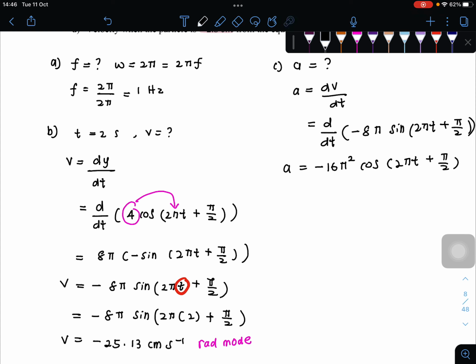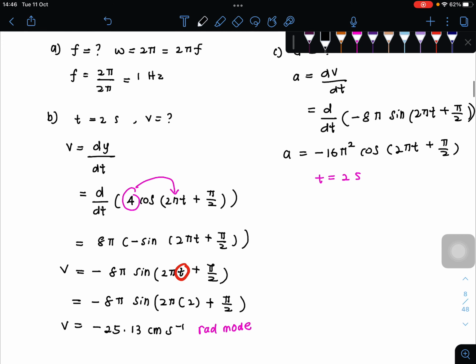Okay, so this is a new equation for acceleration, and then kita substitute the value for t is equal to 2 seconds. Okay, so we masukkan, just substitute macam biasa sahaja, and then tekan calculator, you will get the acceleration is equal to 0 centimeter per second squared.